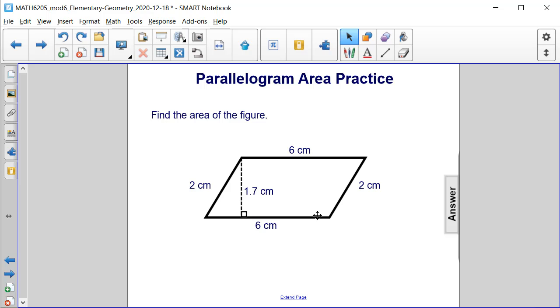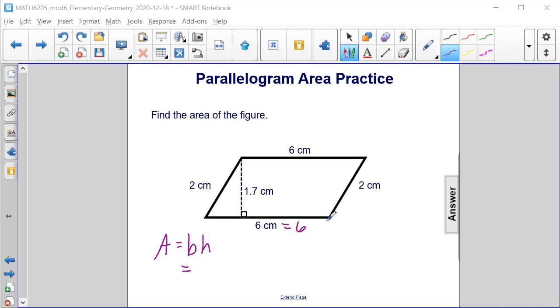Let's try to find the area of this parallelogram. We know that the area formula for a parallelogram is base times height, and in this parallelogram, the base has a length of 6, and its height is 1.7 centimeters.